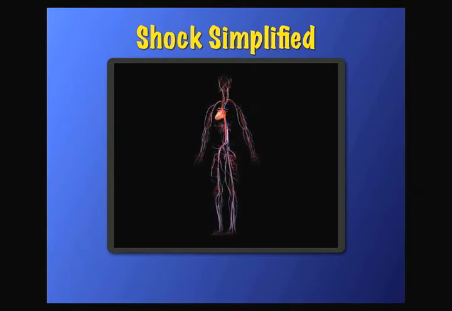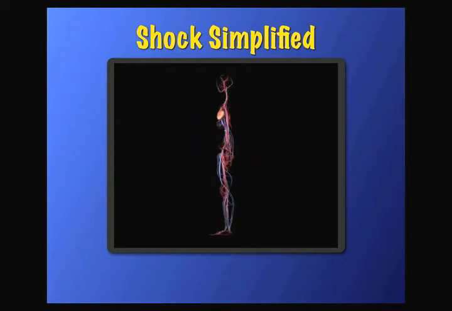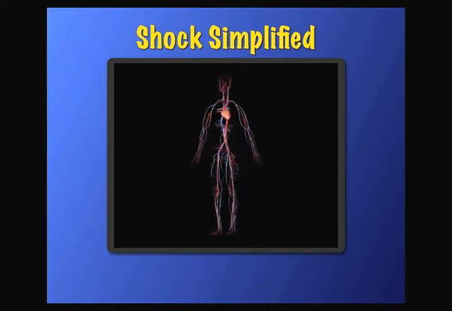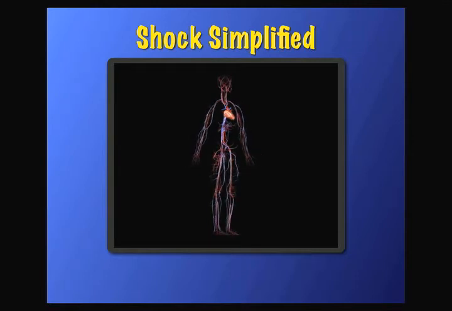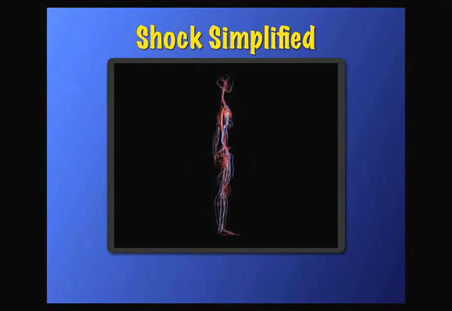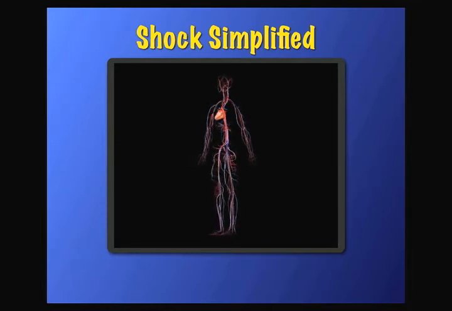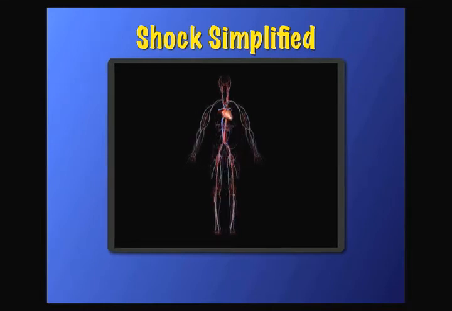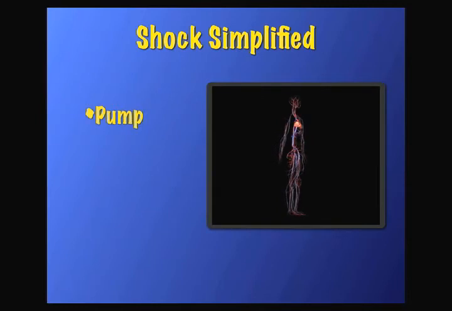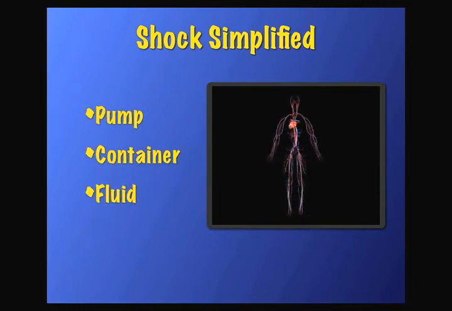Shock involves the circulatory system, and there are three basic components to the circulatory system. We have the heart, we have the vessels, and we have the blood. And if you want to make that even a little bit simpler, we have the pump, we have the container, and we have the fluid. That means that the pump is the heart, the container are the blood vessels, and the fluid is the blood.